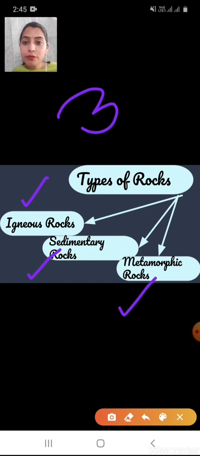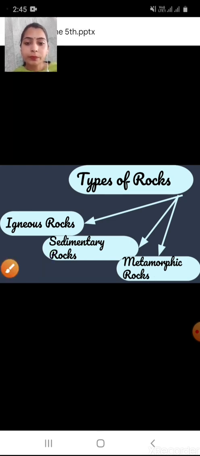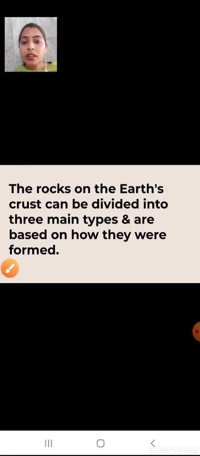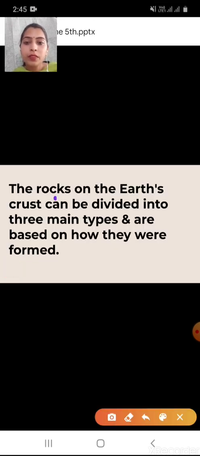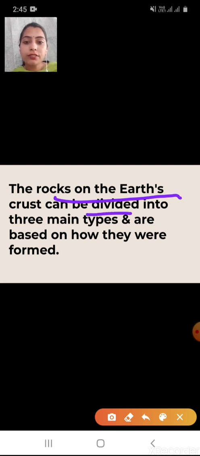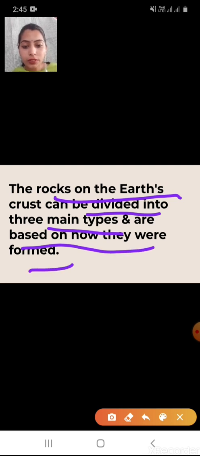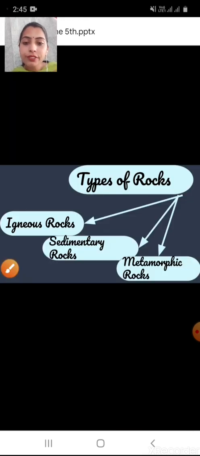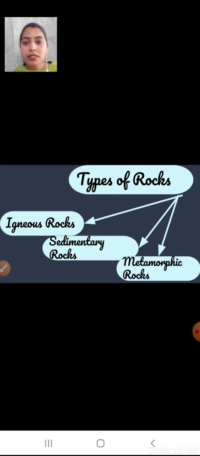These three types of rocks are divided on the basis of how they were formed.